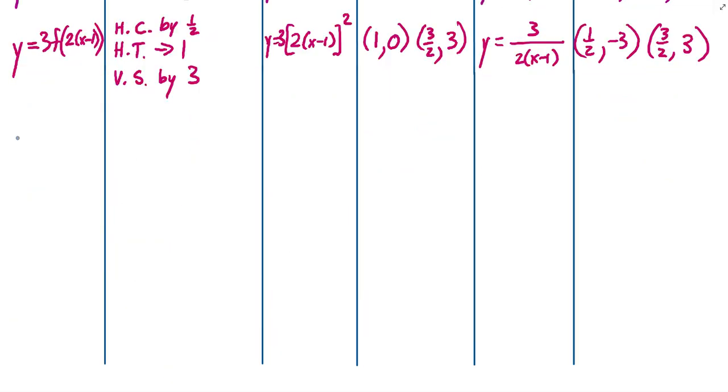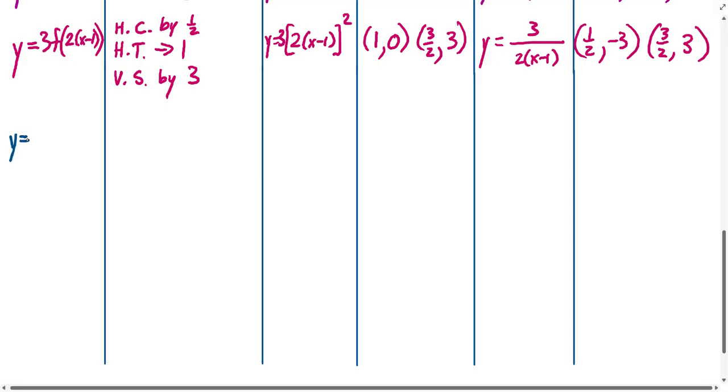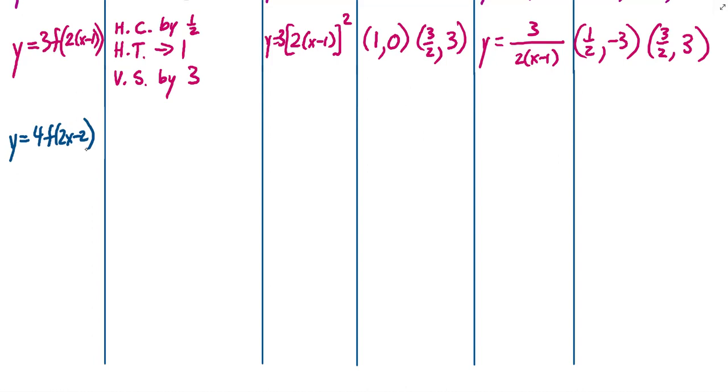This time, let's take a look at y equals 4 f of 2x minus 2. Now, this is a little bit tricky. You must notice that I do not currently have inside my f of x the form q onto x minus h. And we can't read off the transformations unless and until we're in that form.